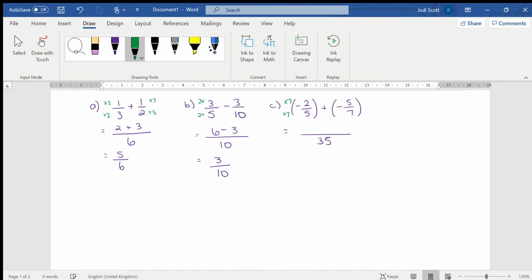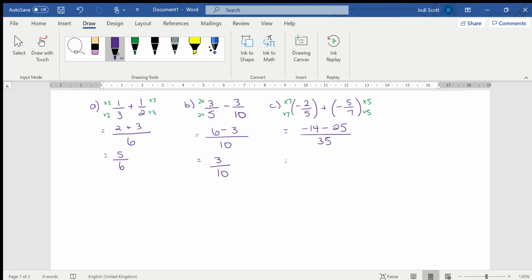So we're going to do the same thing to the top. Negative 2 times 7 is negative 14. And then for our other fraction, we had to do 7 times 5. So again, on the top, 5 times 5, but it's a negative 5. So a plus and a minus gives us a minus. So it's just going to be minus 25.